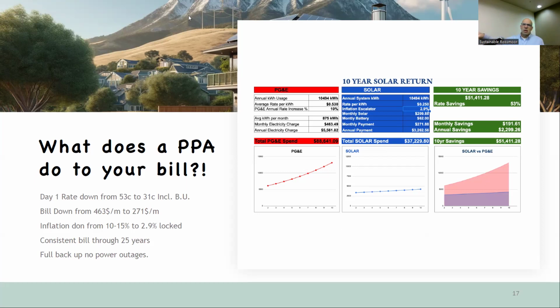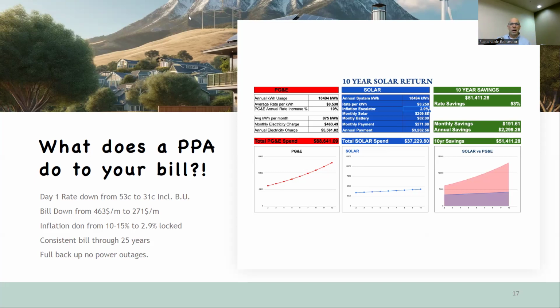Now, understand this current deal comes with a huge 20 kilowatt battery. So this rate that brings him to $271 instead of $463 is including a huge battery that he will be using to utilize that energy that he'll be producing, not necessarily when he's home.